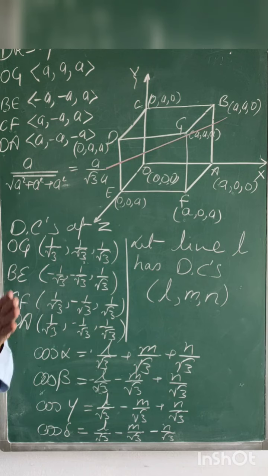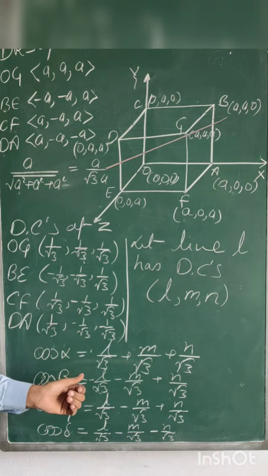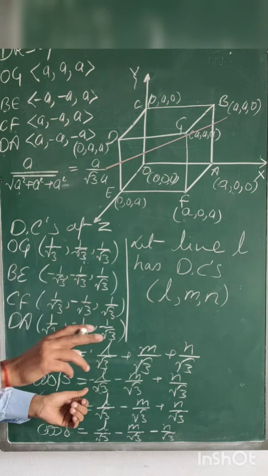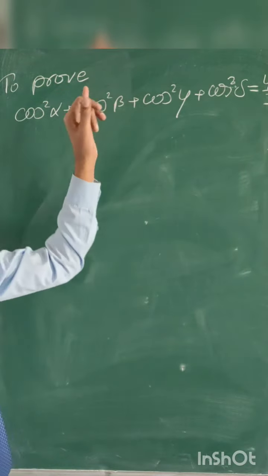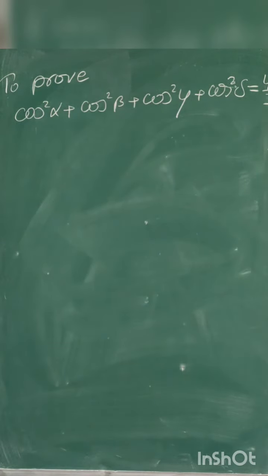Now whatever we need to prove, we need to put these values into the required expression. So let us put them. We need to prove cos square alpha plus cos square beta plus cos square gamma plus cos square delta is 4 by 3. So let us put the values of cos square alpha.